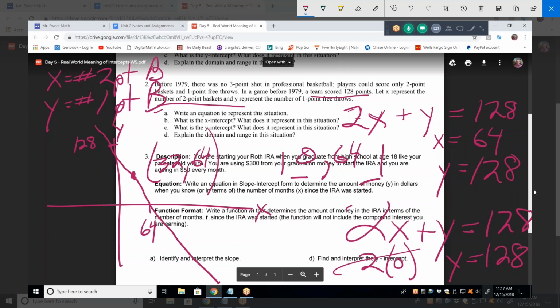Well, hold on. Let me take that back. No, I take that back completely. We're not looking at total points scored here. We're looking at a relationship between the number of one-point baskets and the number of two-point baskets. Nowhere on here really is the number of points scored. So range is definitely correct, 0 to 128.